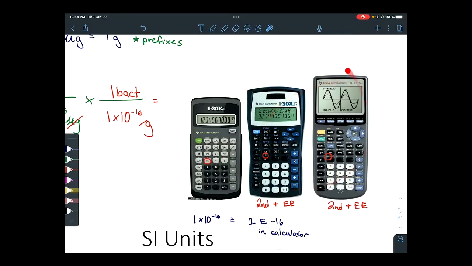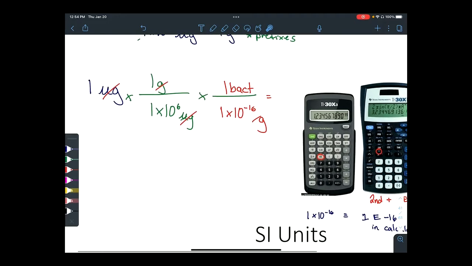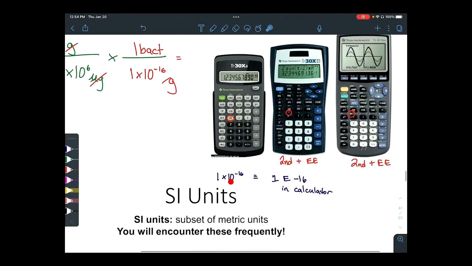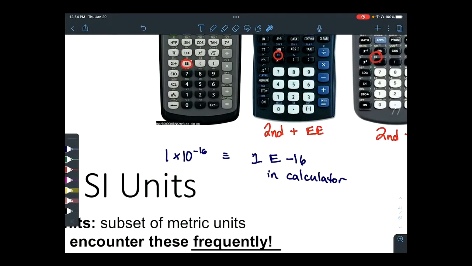If you have one of the bigger ones, you have to press second and then the comma button, above the 7. That E essentially replaces the times 10 to the. So for example, if you wanted to put 1 times 10 to the negative 16 into your calculator, you would put 1E negative 16, and it means the exact same thing.